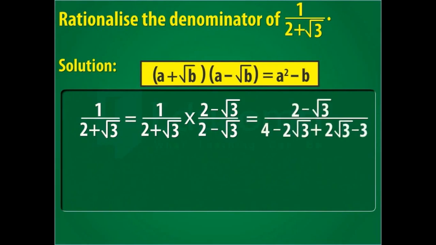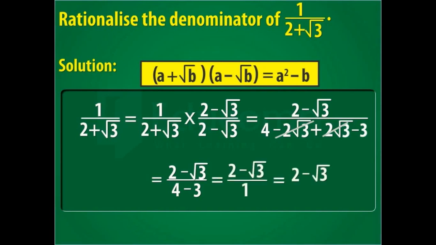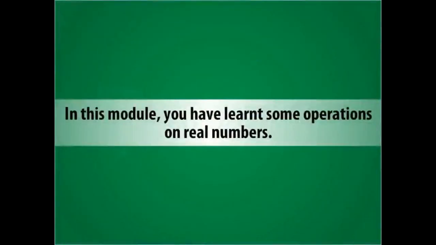Simplifying, we get 2 minus square root of 3 upon 4 minus 3, which equals 2 minus square root of 3. In this module, you have learnt some operations on real numbers.